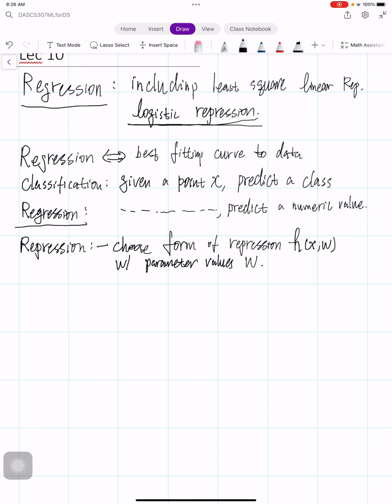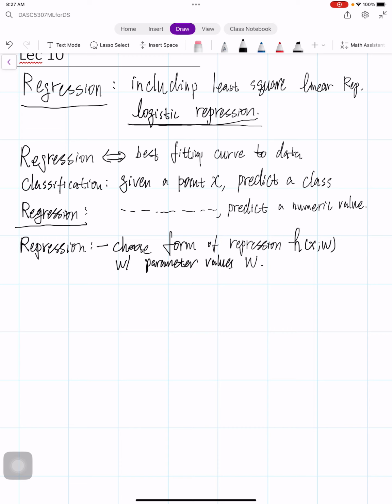This is similar to choosing the decision functions in the classification methods. For example, we choose linear, quadratic, logistic decision functions in the classification problem.